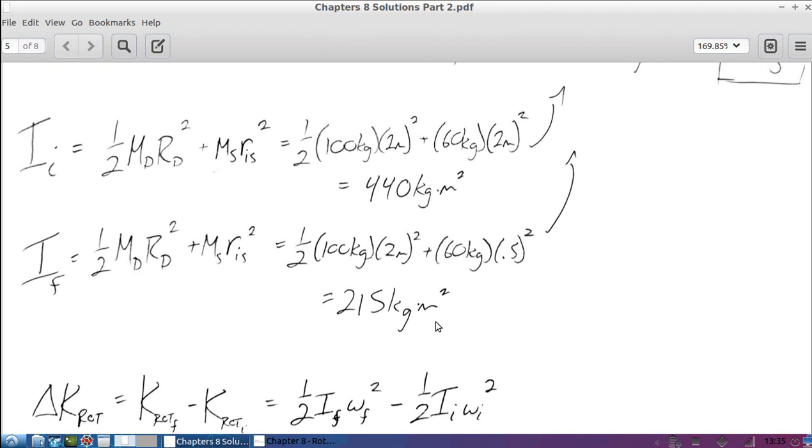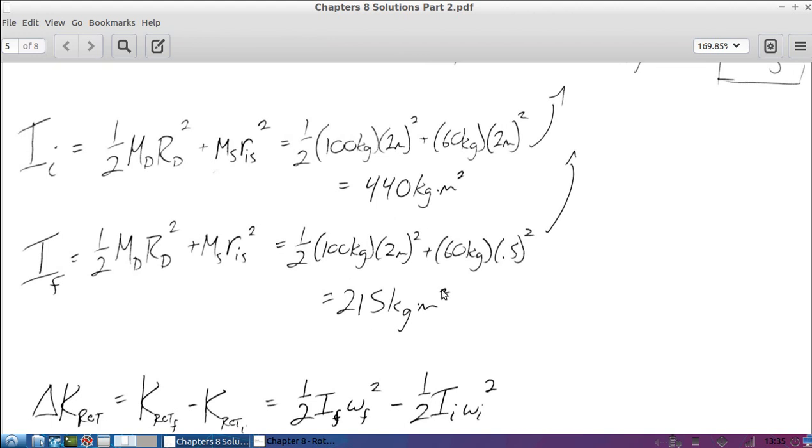Which again, going back to that figure skater analogy, the figure skater brings their mass closer to their axis of rotation, which causes their moment of inertia to decrease and their angular velocity to increase. That's why we see them speed up as they spin and launch themselves from the air.